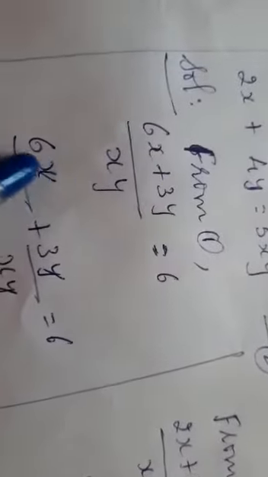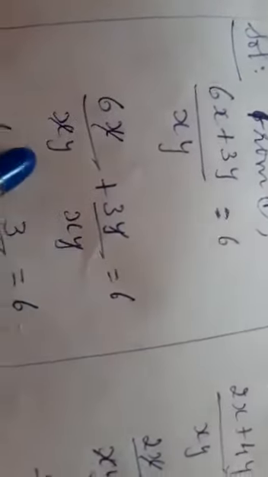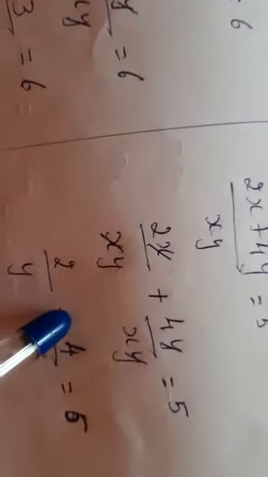Now as we did before, separate it. 6x/xy + 3y/xy = 6. x and x get cancelled. 6/y + 3/x = 6. In the same way 2x/xy + 4y/xy = 5. Here in the same way cancel x and x. So we get 2/y + 4/x = 5.